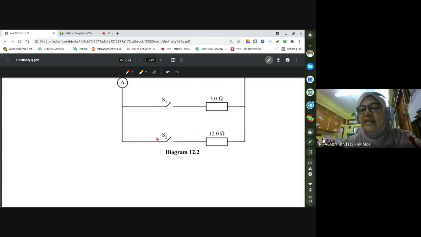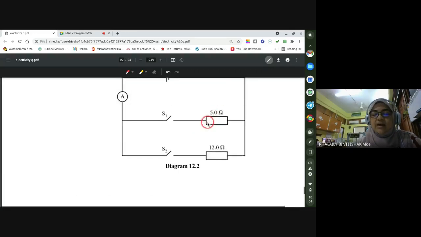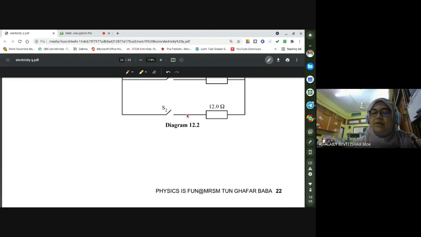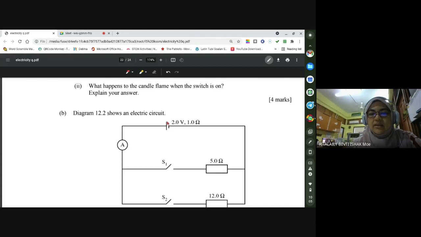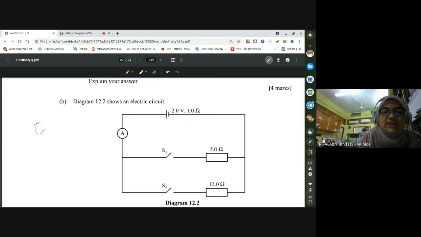Okay, so firstly, for question B, since we have two parallel resistors, we need to calculate the effective resistance first. After we get the effective resistance, then we use the formula V equals IR. Don't forget to put in the 1 ampere in the formula we use, E equals I, R plus r.